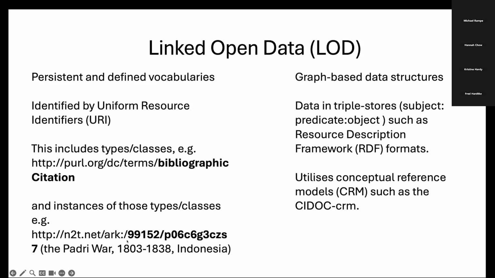And this idea, or at least the idea of having a persistent and defined vocabulary, appealed to me because I used to be a molecular biologist and a bioinformatician, and our databases in molecular biology are a lot more interlinked than the general archaeology databases. So you can jump from one database to another, and we have tools that allow you to put in gene lists and translate them from one identifier to the other.